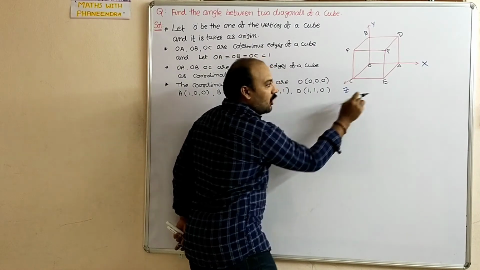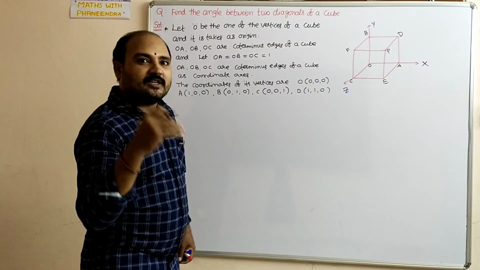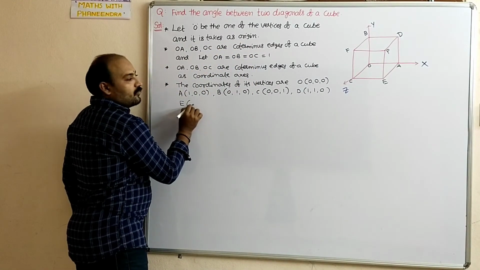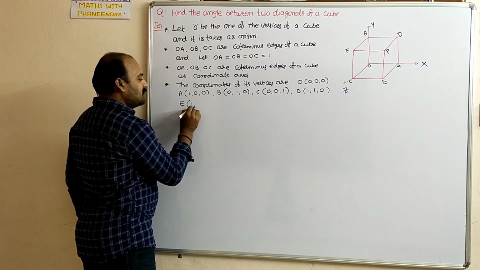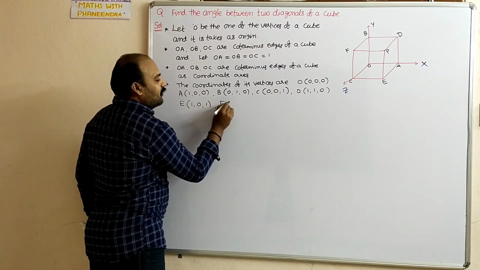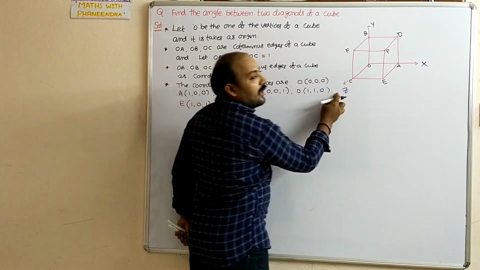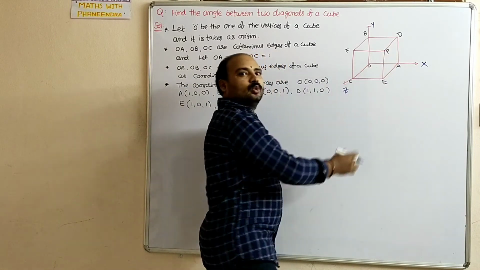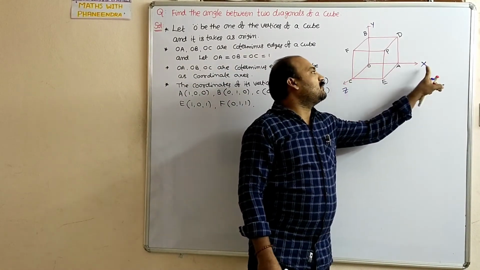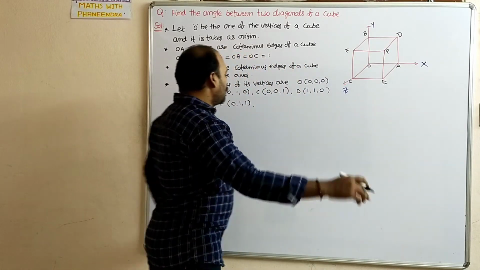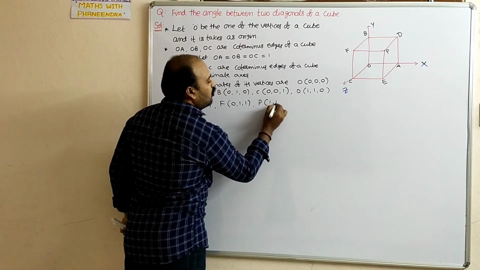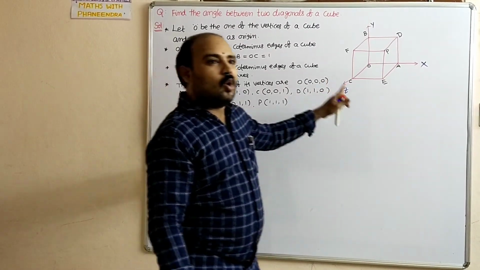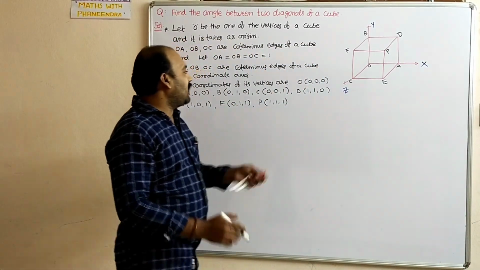Similarly, E belongs to the XZ plane, so Y is absent: 1, 0, 1. And F belongs to the YZ plane, so X is absent: 0, 1, 1. And last one, P, is in space, so the coordinates of P become 1, 1, 1. Like this you have to write the coordinates of the vertices of a cube.